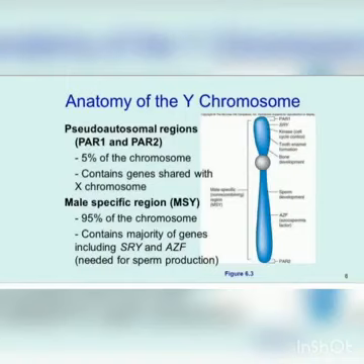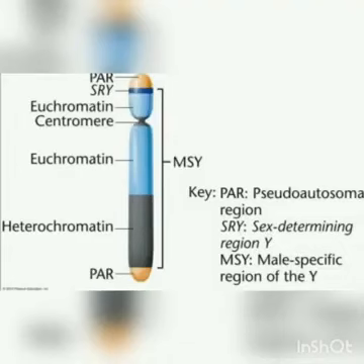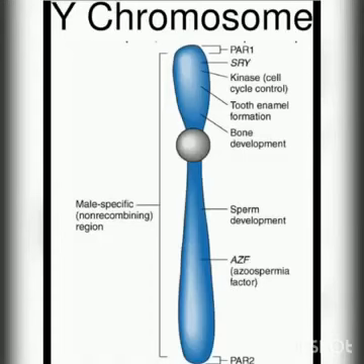Some genes with or without homologous counterparts are seen in X. Present at both ends of the Y chromosome are the pseudo-autosomal regions, that is PAR, that are similar to regions of the X chromosome, which synapse, that means combine and recombine during meiosis. So during meiosis, this PAR region combines and recombines.